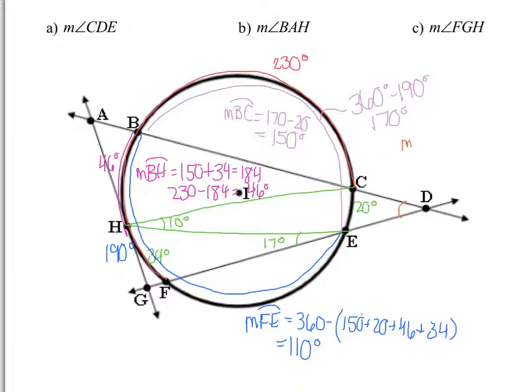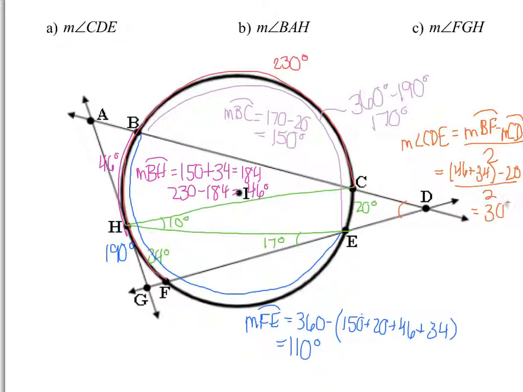So measure of angle CDE is the measure of arc BF minus the measure of arc CD, divided by 2. Well, BF is 46 plus 34, CD is 20, divided by 2. And what we're going to get is 30 degrees. So CDE is 30 degrees.